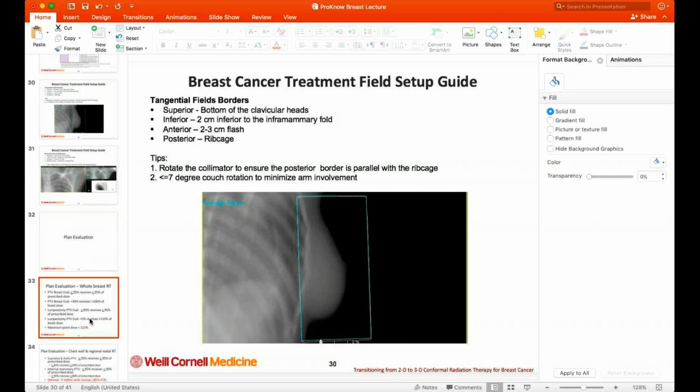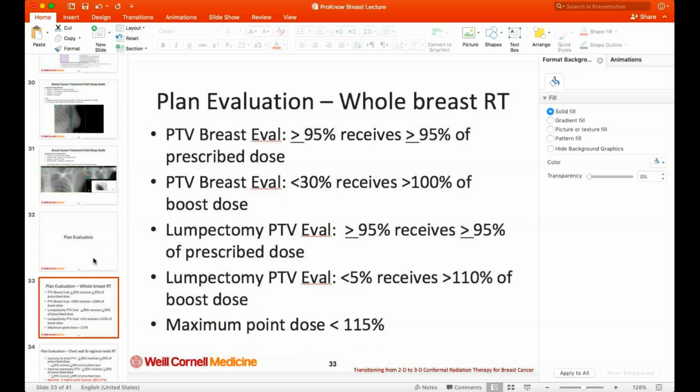In terms of plan evaluation, when you're treating the breast or the chest wall, you want to make sure that greater than 95% of the PTV breast or chest wall eval is receiving at least 95% of the prescribed dose. And this is whether or not you are doing hypofractionation.